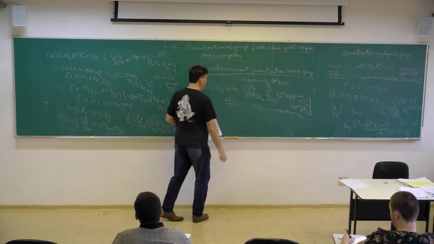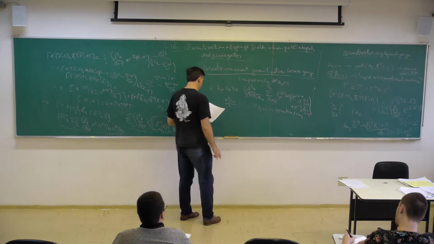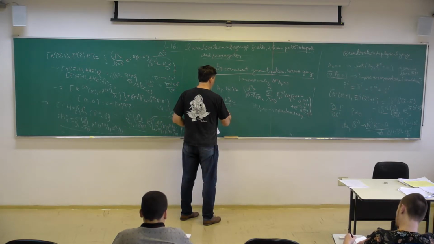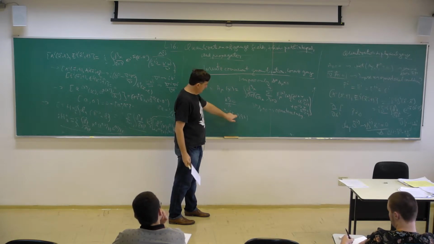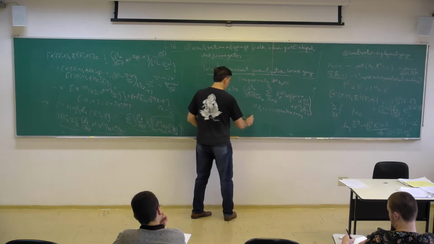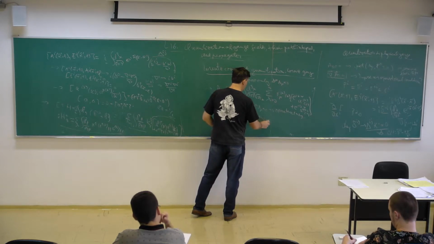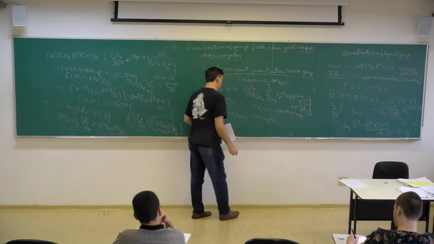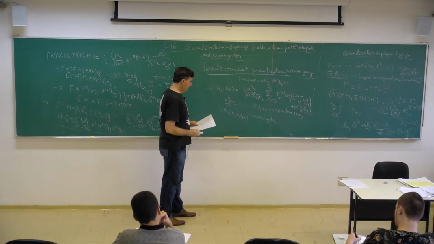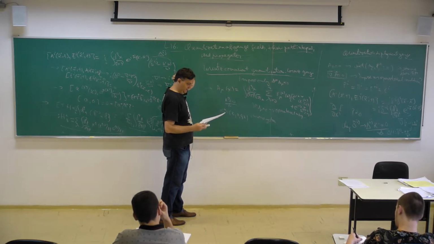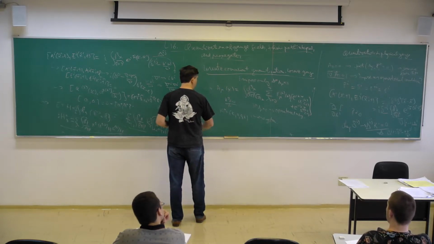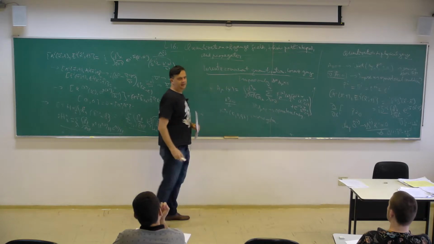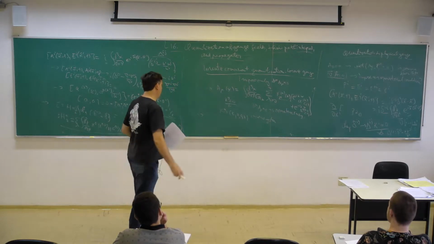So given that k squared equals 0, that means that k mu is equal to, in some system, (k, 0, 0, k); in some system it moves along the third direction. And then let's define these polarization vectors. We would still want them to be orthonormal.